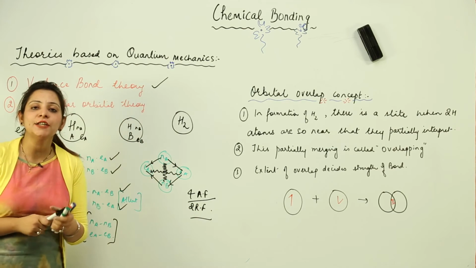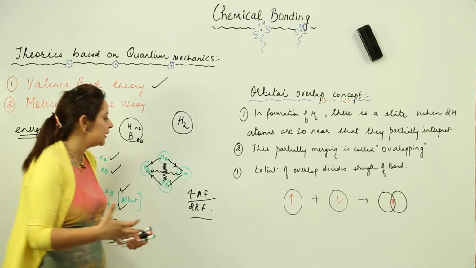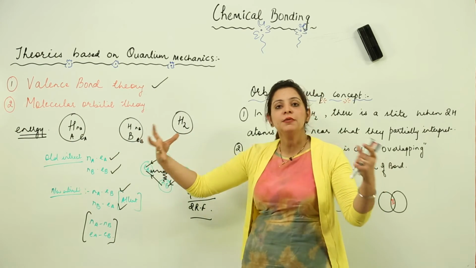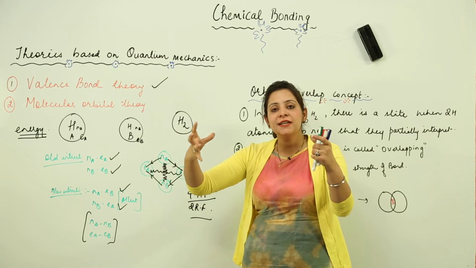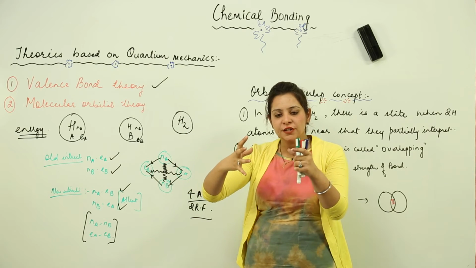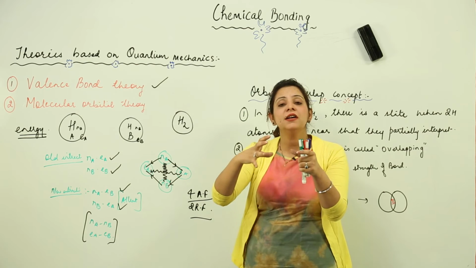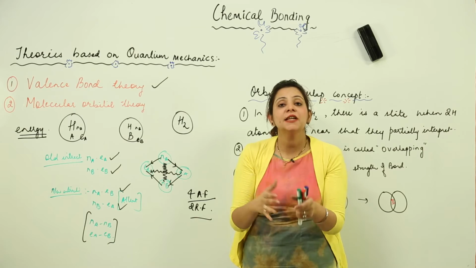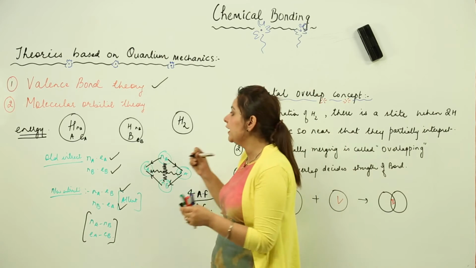As the attractive forces are greater in magnitude, meaning more attractive forces are operating, the atoms tend to come closer to each other. When they come closer, there will be a state of minimum energy and maximum stability, and there they are going to stop.